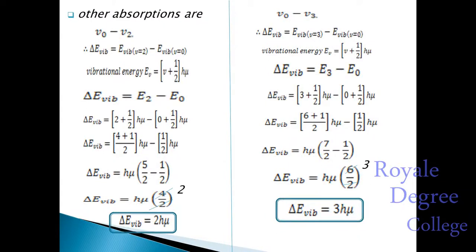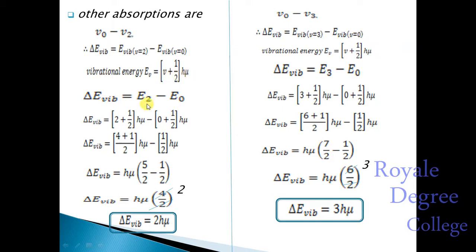Now the other absorptions are V0 to V2. Therefore, delta E vibration is equal to the vibrational energy at V equal to 2 minus the vibrational energy at V equal to 0. Now the same formula we are using here. Vibrational energy EV is equal to (V plus half) h mu.